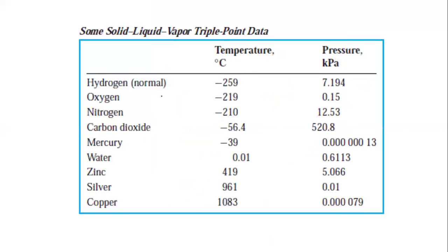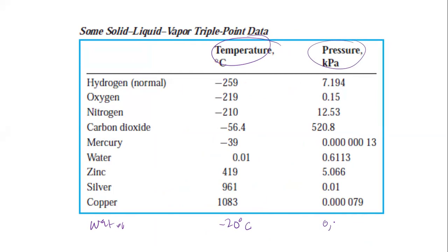And now, having a look at this table, we have different substances, for example, normal hydrogen, for solid, liquid, vapor, triple point. Remember, for triple point, we are talking about the temperature and pressure. We said that for water, our temperature was negative 20 degrees Celsius, and then our pressure was how much?